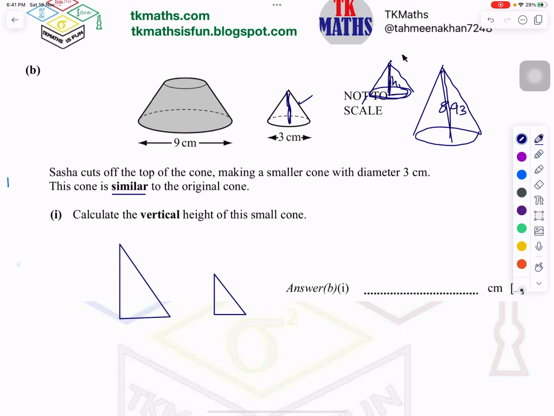This radius is 1.5 and this radius is 4.5. Now if the question says the cones are similar, it means we can take the ratio of the corresponding sides, corresponding heights or corresponding circumferences, whatever is given to us.